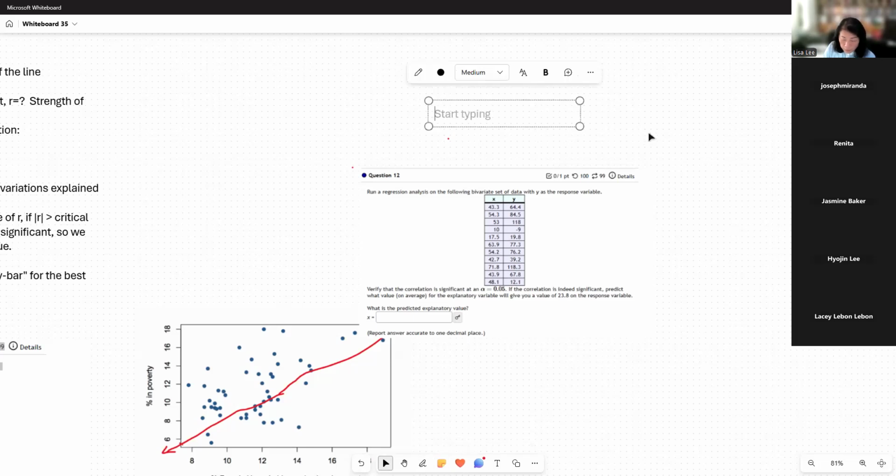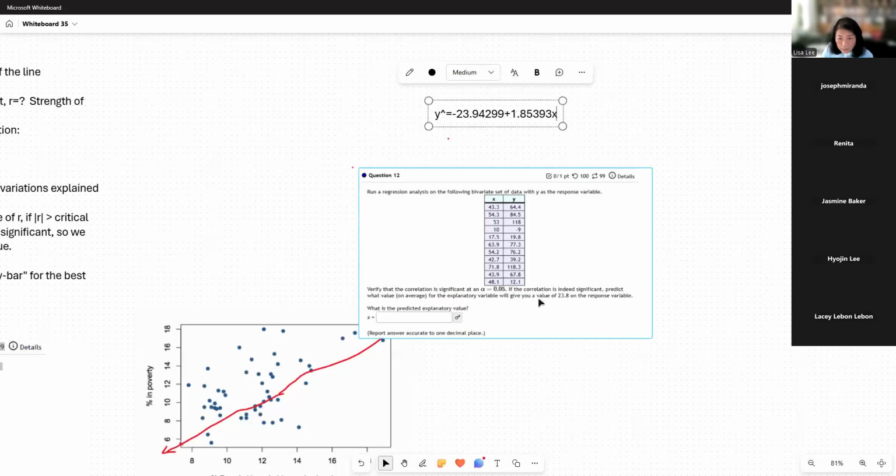The TI-83/84 will give you the equation y hat equal negative 23.94299 plus 1.85393x.